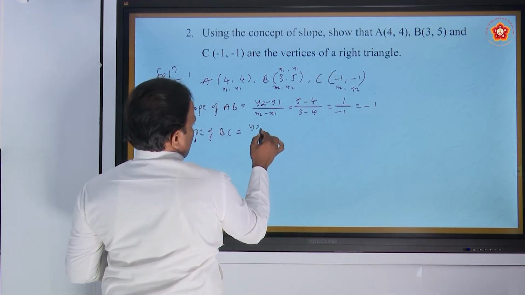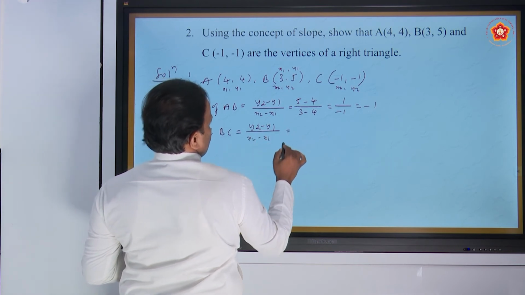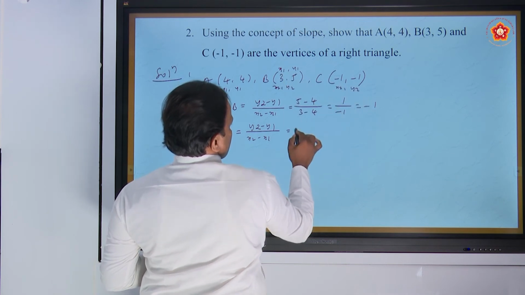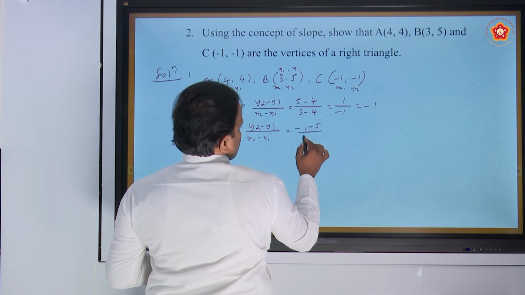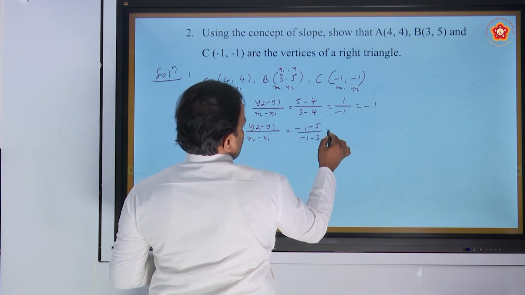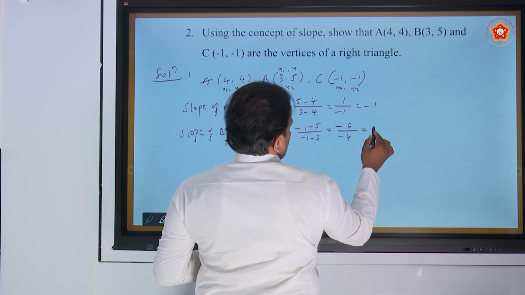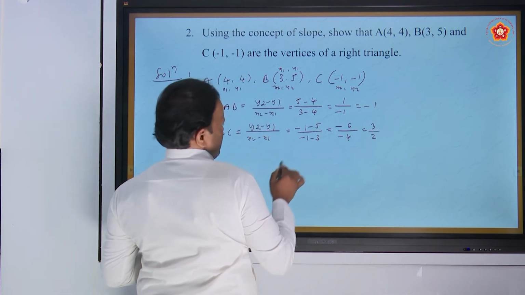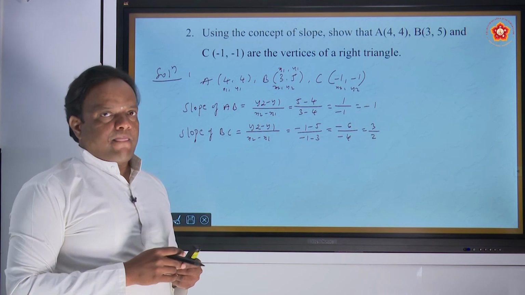Once again using the formula y2 minus y1 divided by x2 minus x1, y2 here is minus 1 and y1 is 5, divided by x2, which is minus 1, minus x1, which is 3. This is minus 6 divided by minus 4. Minus signs cancel. 2 2s are 4, 2 3s are 6. Answer is 3 by 2. Slope of BC is plus 3 by 2.